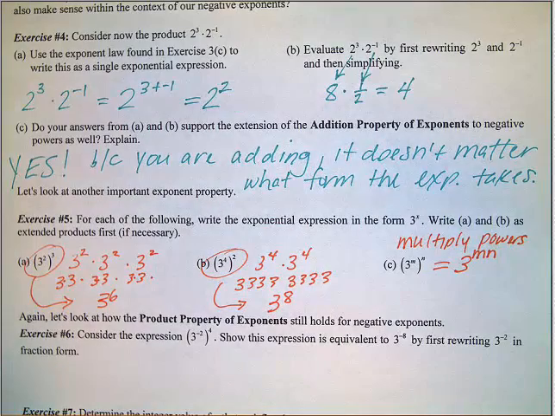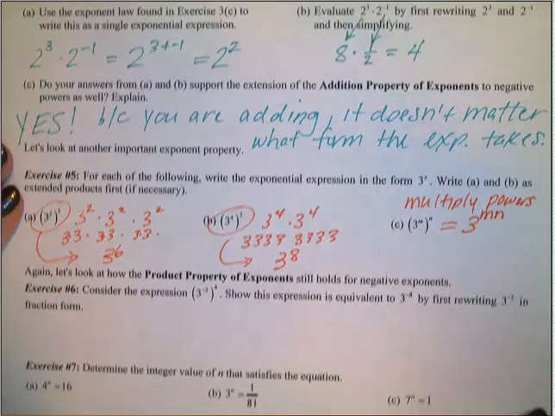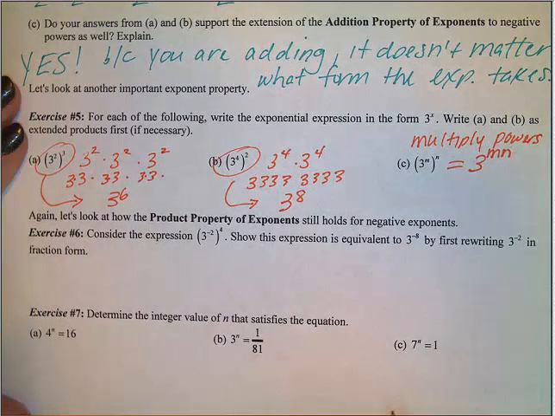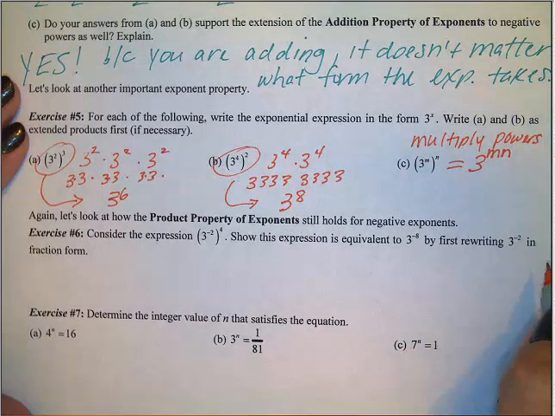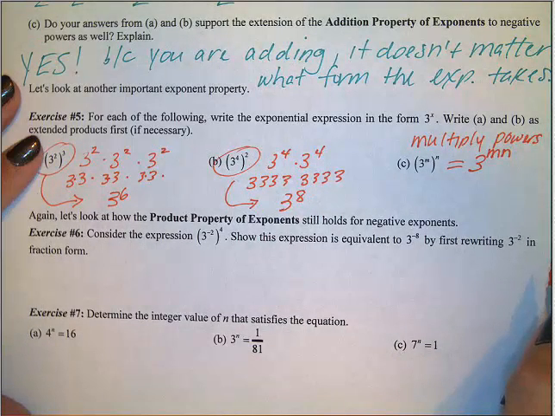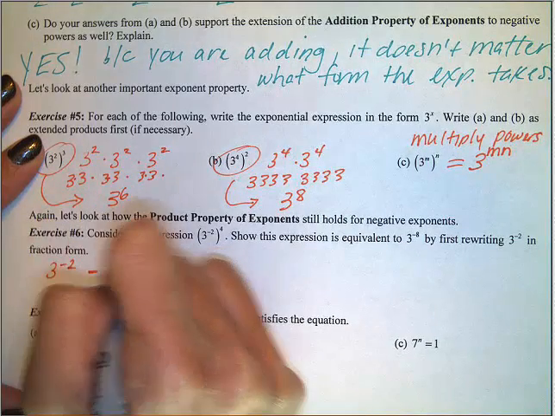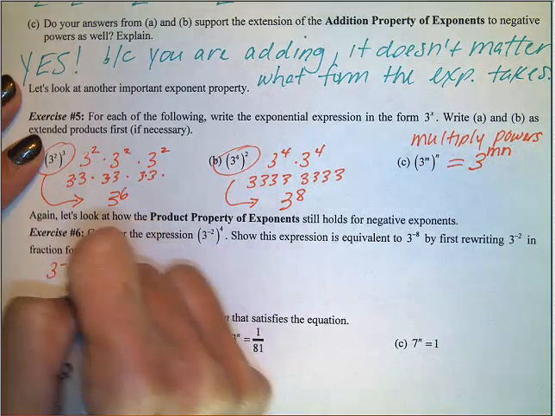Again, let's look at how it applies to negatives. Consider the expression 3 to the negative 2 raised to the 4th. Show this expression is equivalent to 3 to the negative 8th by first rewriting it as 3 to the negative 2 in fraction form. So it tells us to write 3 to the negative 2 in fraction form. So, 3 to the negative 2 equals 1 over 3 to the 2.